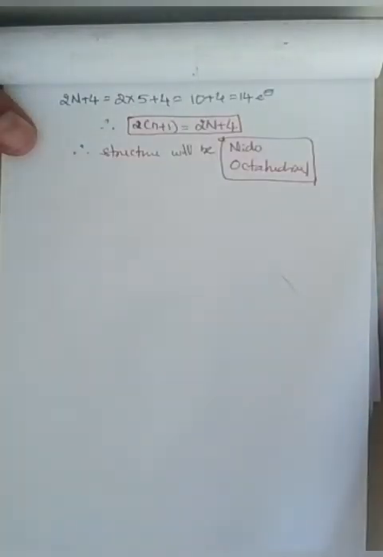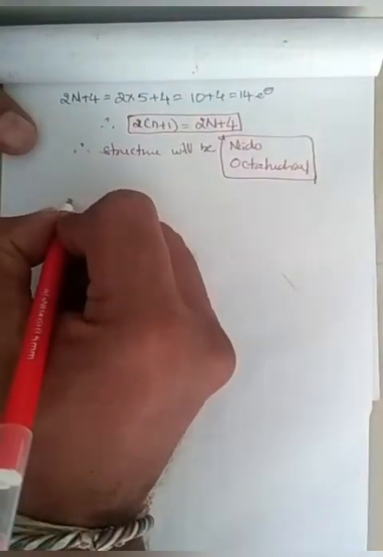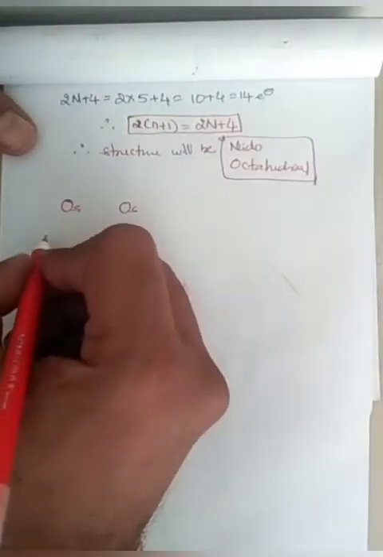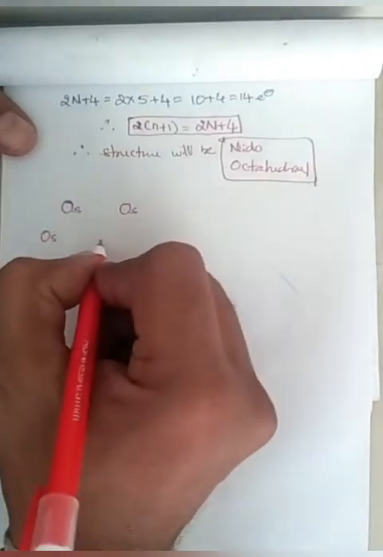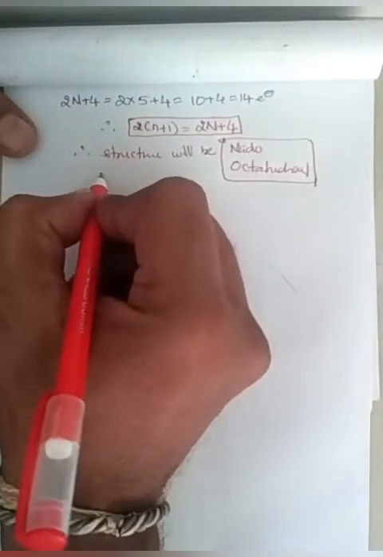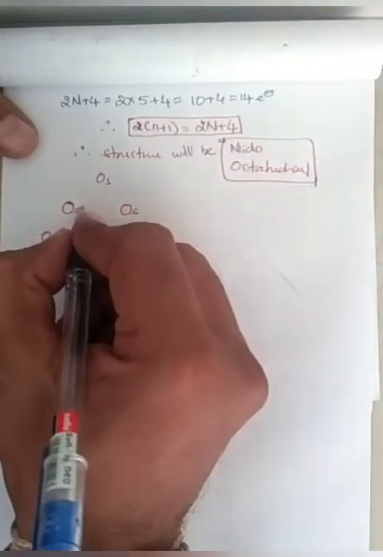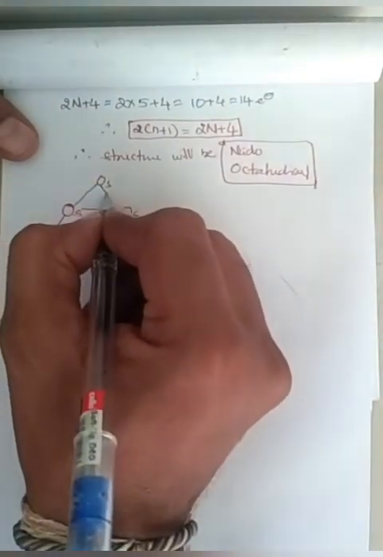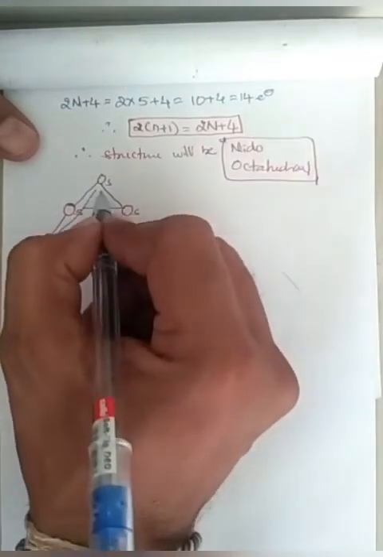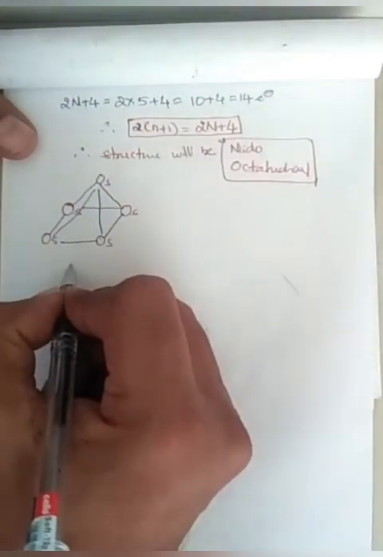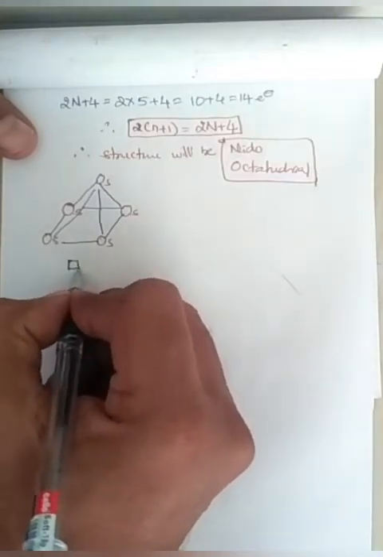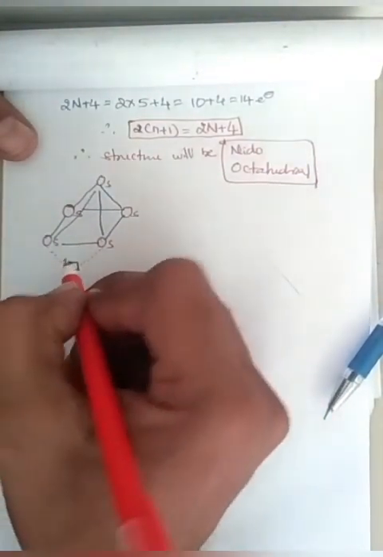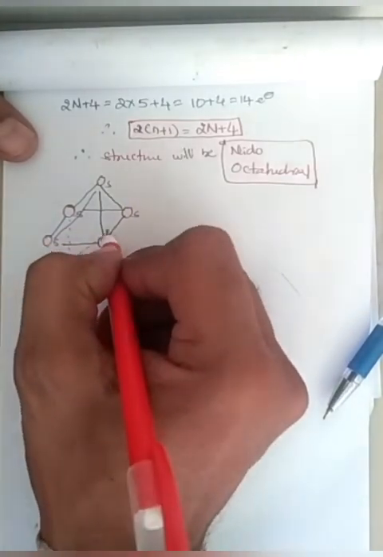Let us draw the structure. Osmium. This is an empty space, which means missing; if it were present, these 4 bonds may form.